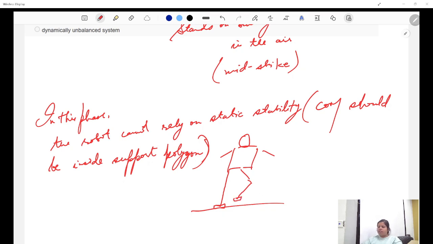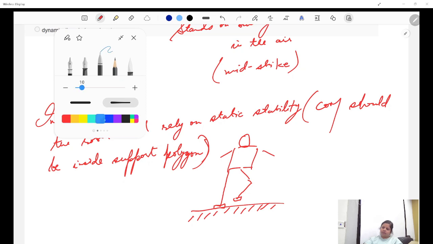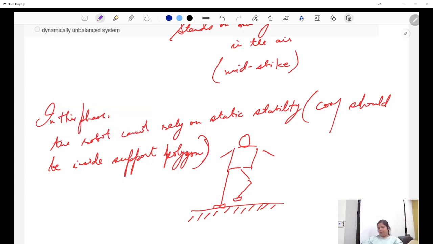Then what is the support polygon for this? Come on, this is a very easy question. Your support polygon is just this part. This is only your support polygon.